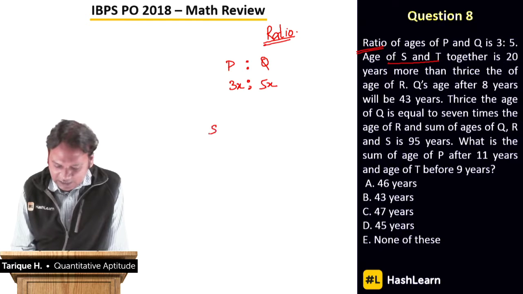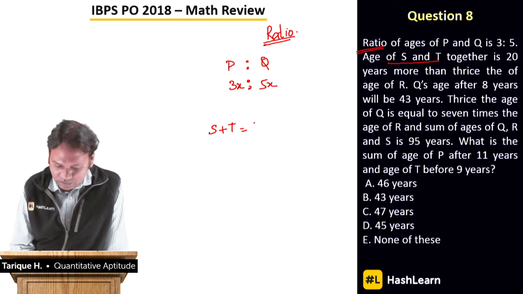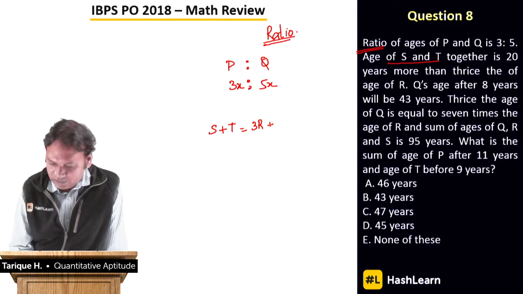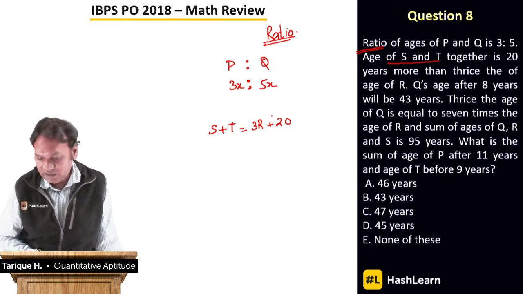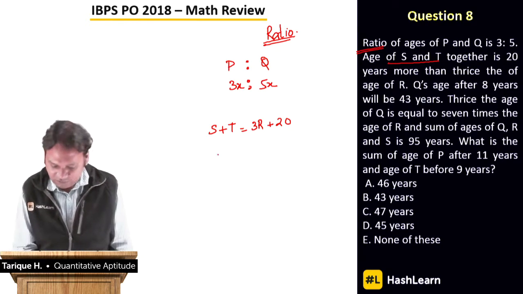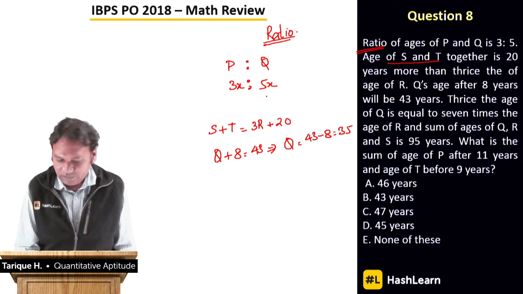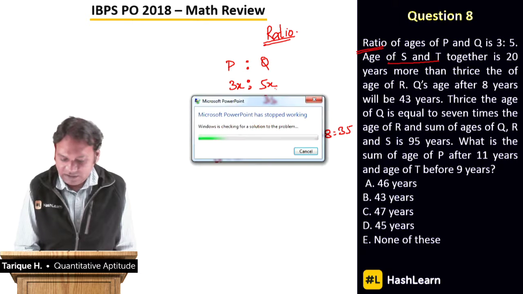Age of S and T together is 20 years more than thrice the age of R. Q's age after 8 years will be 43. So Q is equal to 43 minus 8, and that is 35. So if Q is 35, 5x is 30.